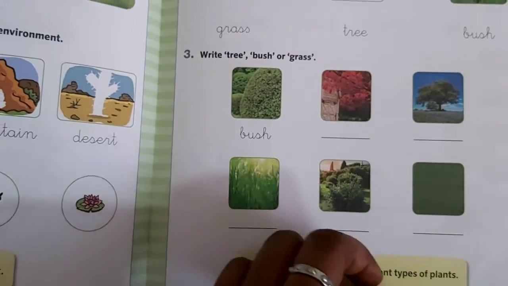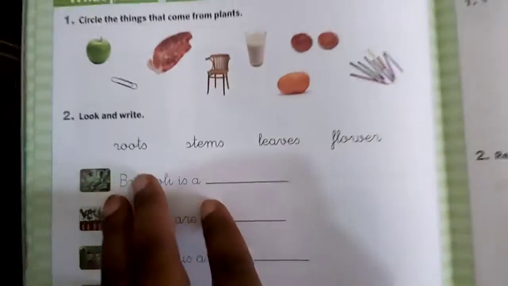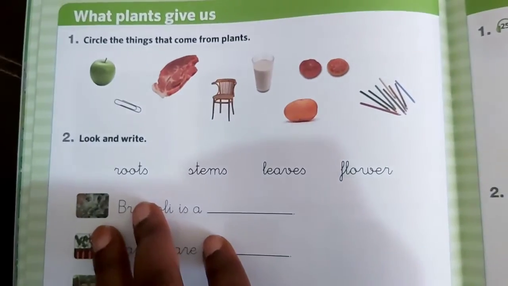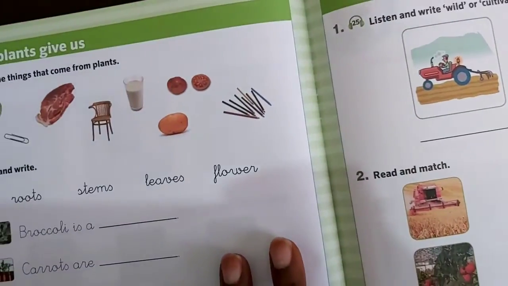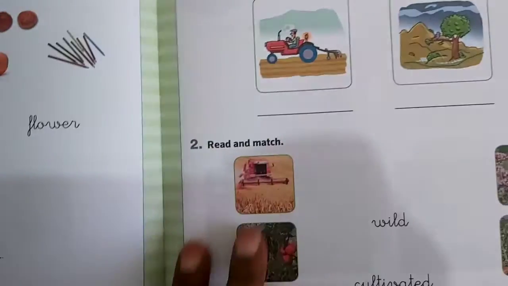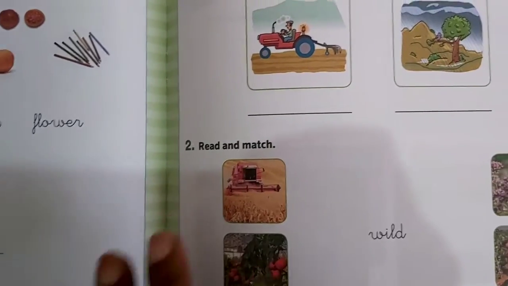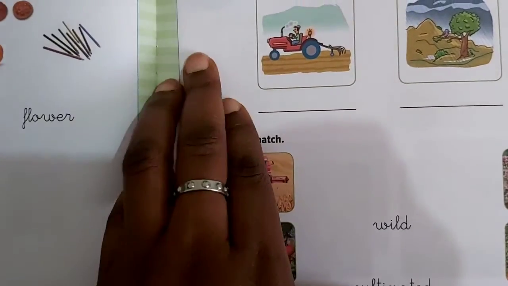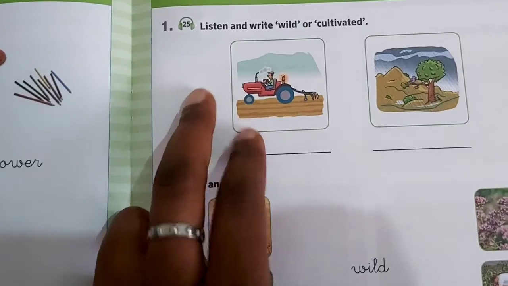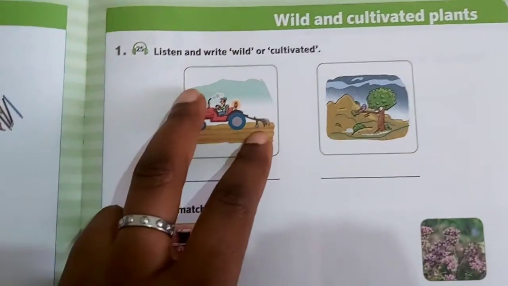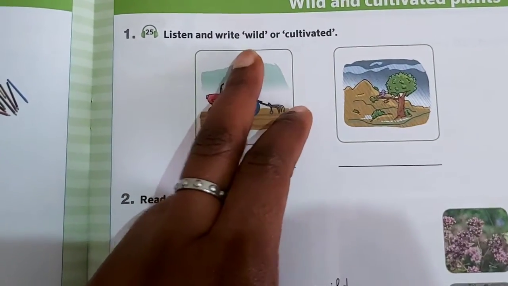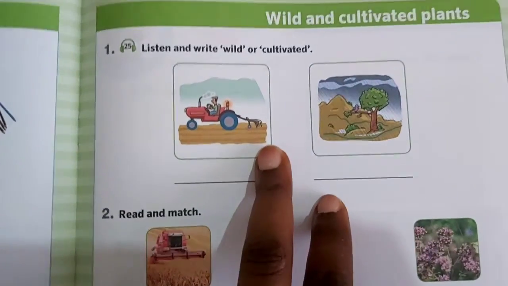Okay, guys? So we're going to turn over here and come over here, guys. We're not doing 34 now. We're going to do 34 tomorrow. So we quickly come over to 35. We listen and write wild or cultivated. So you're going to listen to me, guys.